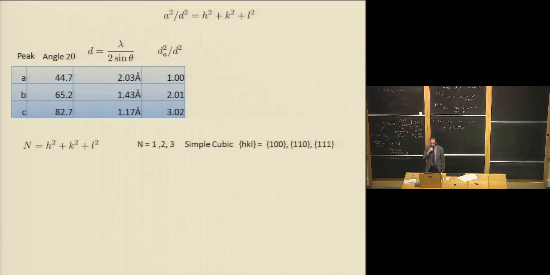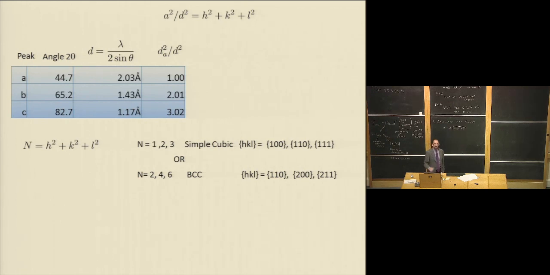Either it's simple cubic, and then these scattering peaks correspond to 1, 0, 0, 1, 1, 0, and 1, 1, 1, meaning this integer n, h squared plus k squared plus l squared, is 1, 2, or 3. Or it could be that n is 2, 4, and 6. Those would still be in the ratio of 1, 2, and 3, but they would correspond to Miller indices of 1, 1, 0, 2, 0, 0, and 2, 1, 1, which, when squared and added up, give you 2, 4, and 6. So we don't know which one it is just by looking at this data.